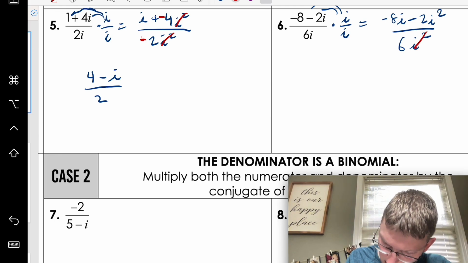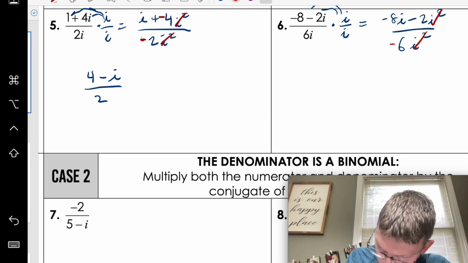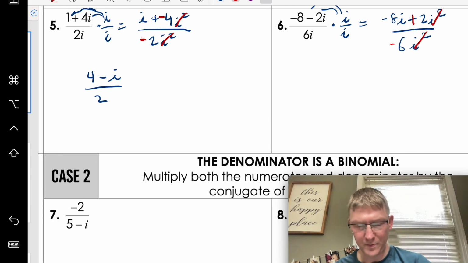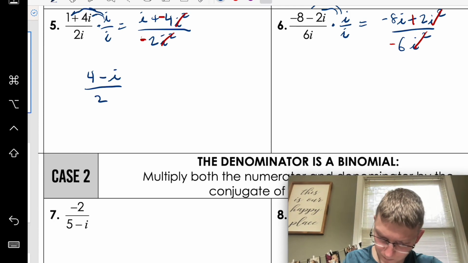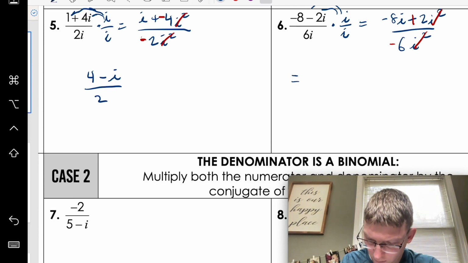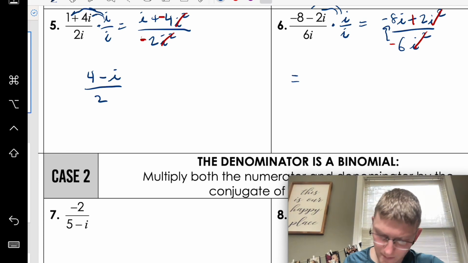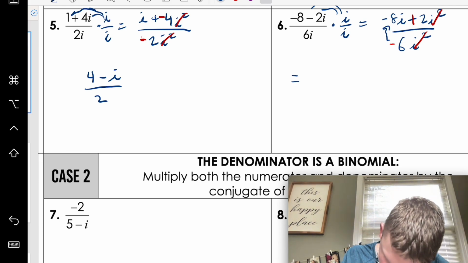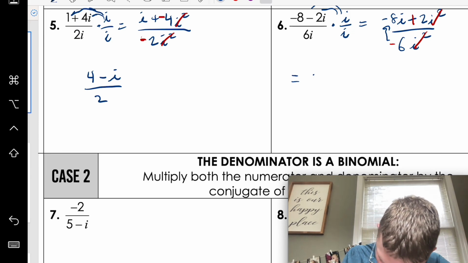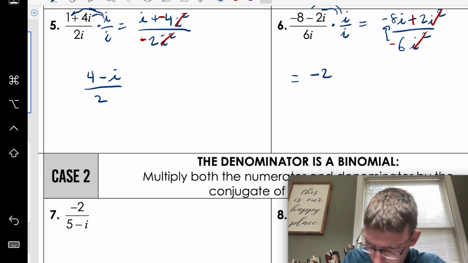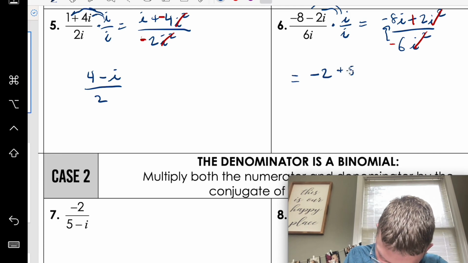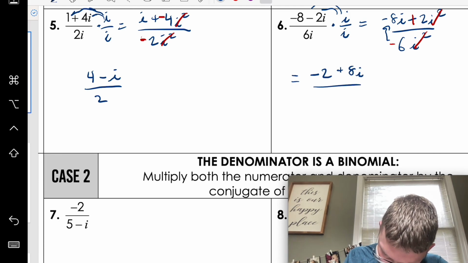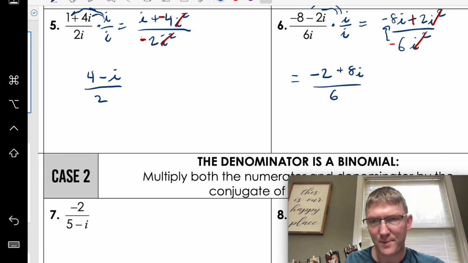Our i's are going to cancel out and turn some signs the opposite direction. So now what we're going to have left over, again, this negative sign is going to get distributed up into the top. So we are going to have negative 2 plus 8i all over 6.